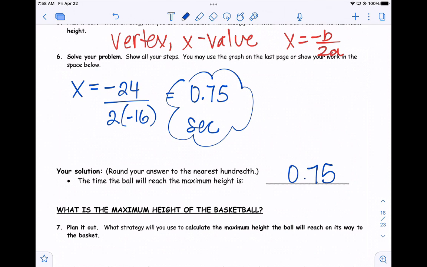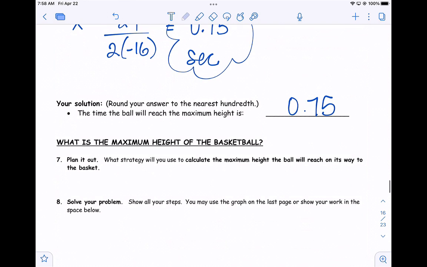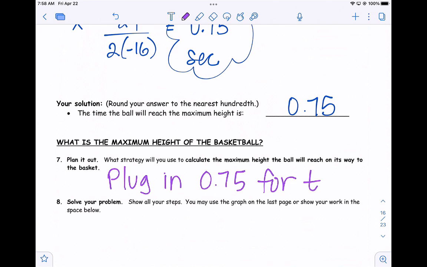Okay, and then it says, what is the maximum height? So we found the time at which it reaches its maximum height, but what is the actual height at that time? So you have to plug in 0.75 for x, in this case for t, and then solve for the height.